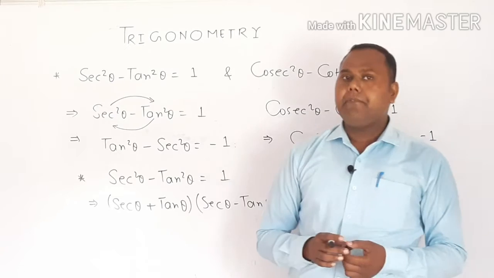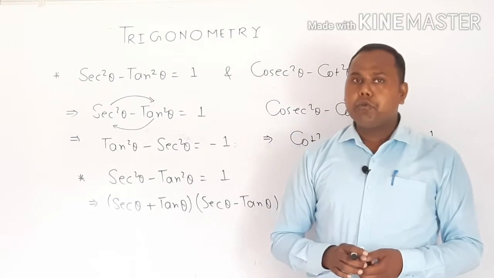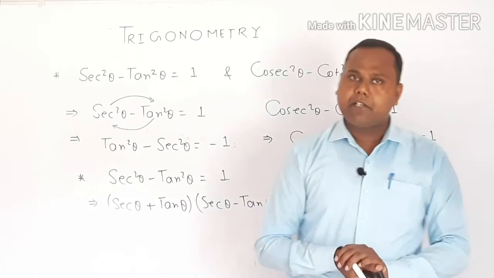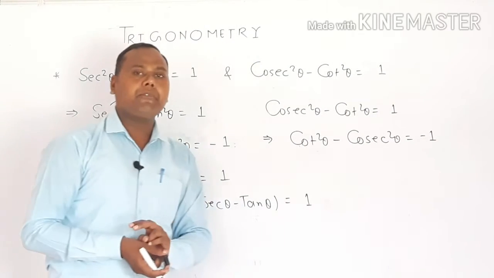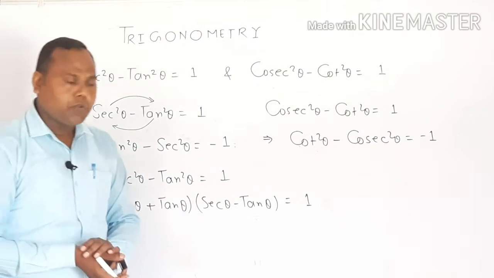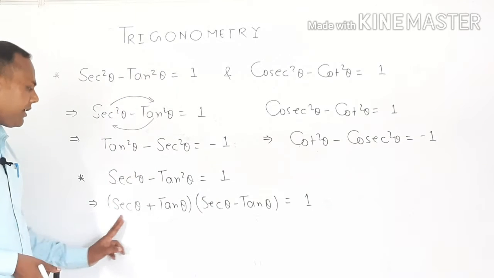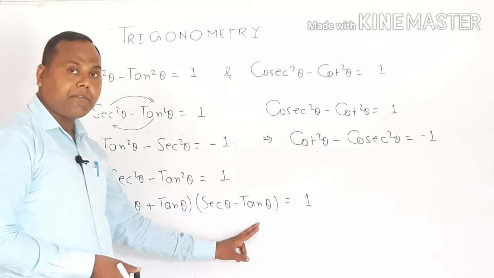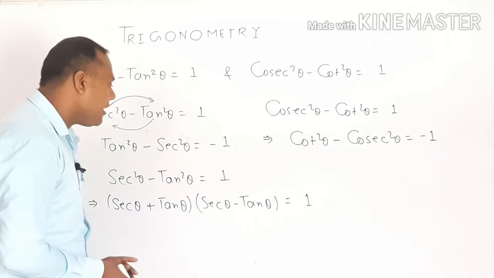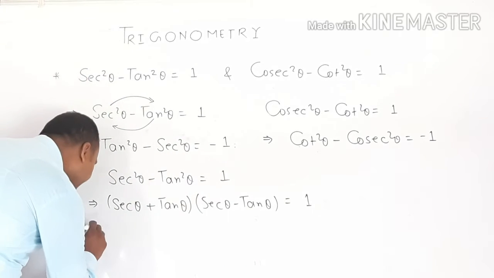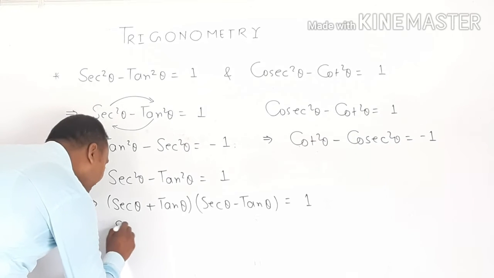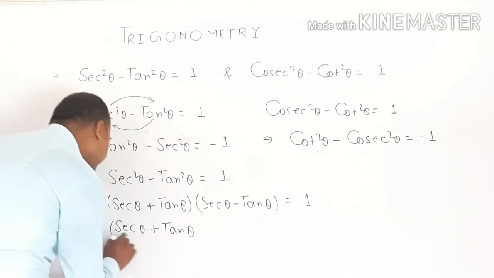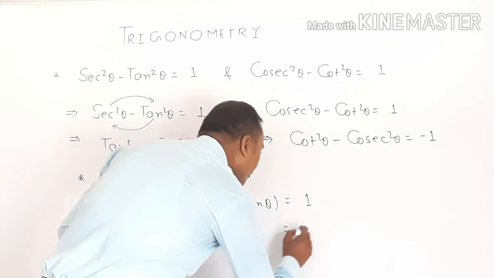That means if there is a square of two terms and the relationship between them is a difference, then we can say it is the sum of the two terms into the difference of the two terms. That's why sec of theta plus tan of theta into sec of theta minus tan theta will be equal to 1.